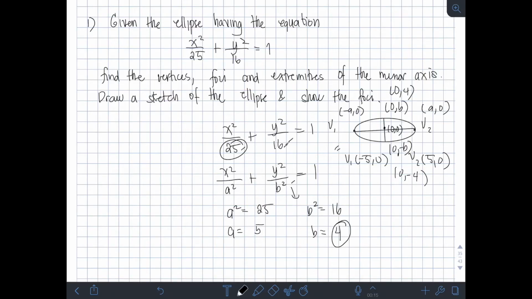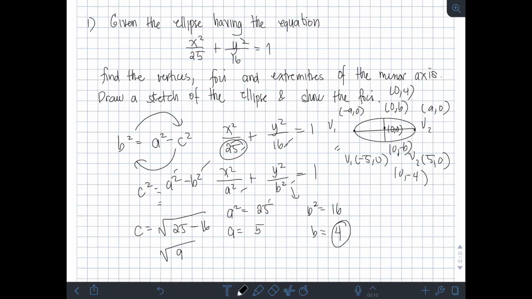And then, to solve for c, para makuha natin yung coordinate ng focus, di ba kanina nilet natin yung b squared equals a squared minus c squared. So, therefore, c squared is equal to a squared minus b squared. So, we have c is equal to square root of a squared minus b squared. So, ano si a squared kanina? 25. Minus ano si b squared? 16.